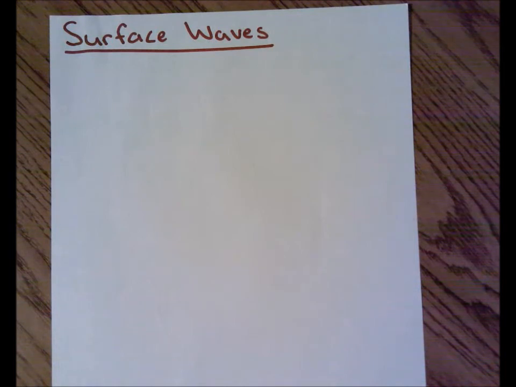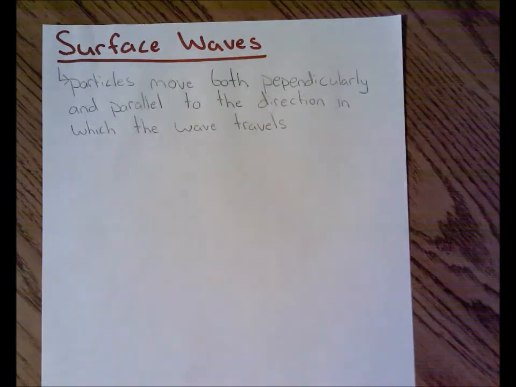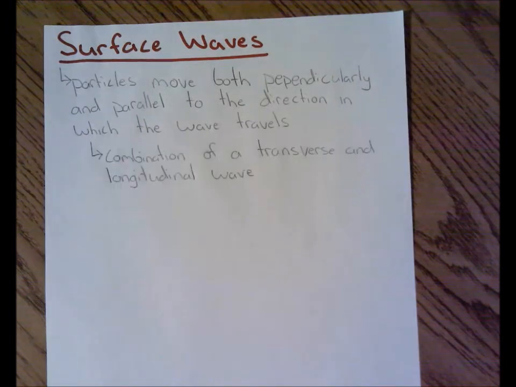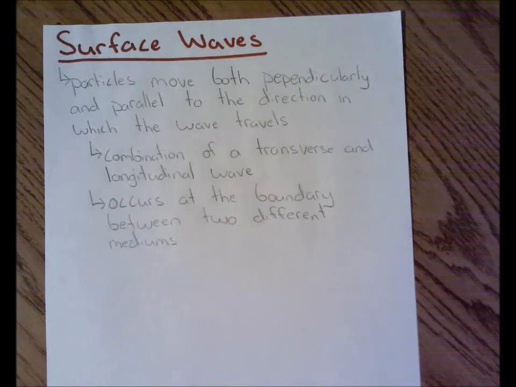Essentially, what we have with a surface wave is a combination of a transverse and longitudinal wave. The other thing that we have to have in order to have a surface wave is that this has to occur at the boundary between two different mediums. An example of those two different mediums would be something like water and air.